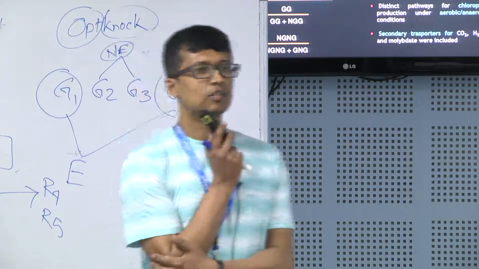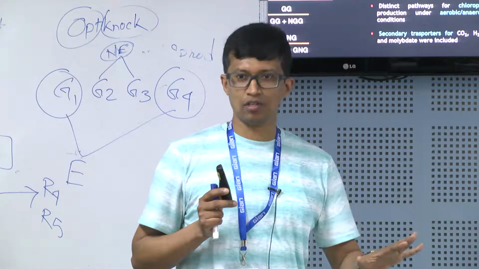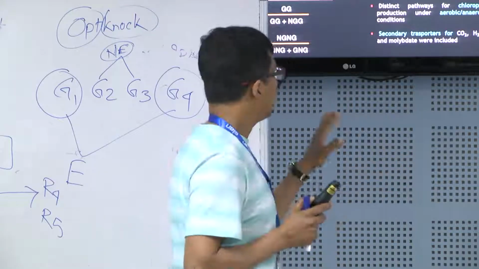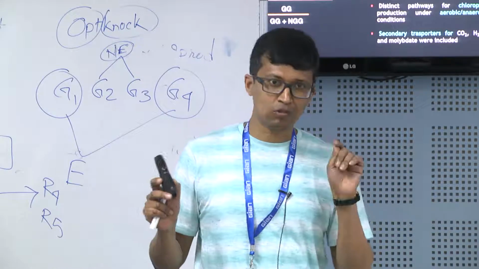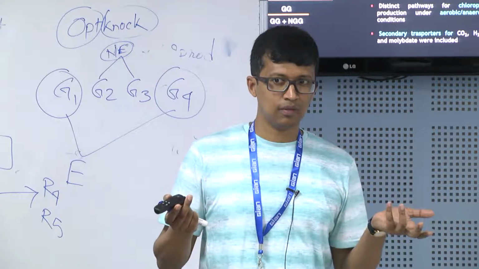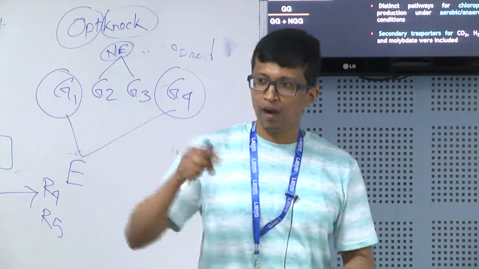Did you understand the question? Again, we are talking about single gene mutation. Let us say you took out one gene, you got growth. If I take that corresponding reaction out, I found no growth. My question is, why do you think that could happen? What was the reason?